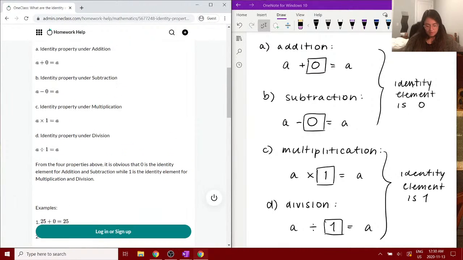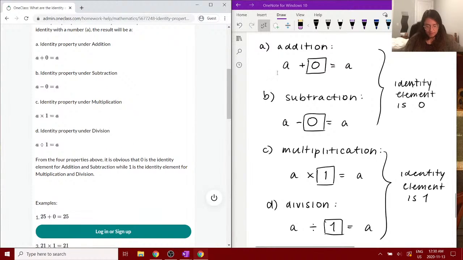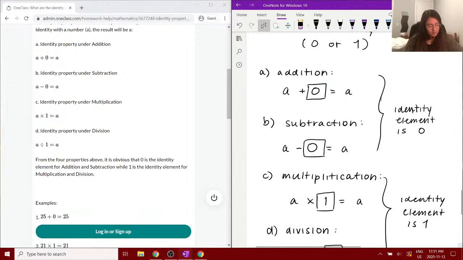So let's see. If 20 is A, let's look at the addition operation. We have A plus 0 is equal to A, and we can see here that 25 plus 0 is equal to 25.